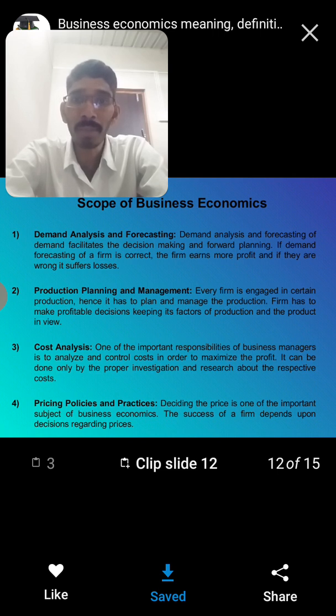The second one is production planning and management. Every firm is engaged in certain production: how much to produce and what to produce. How can we get ready to produce goods and services next year?